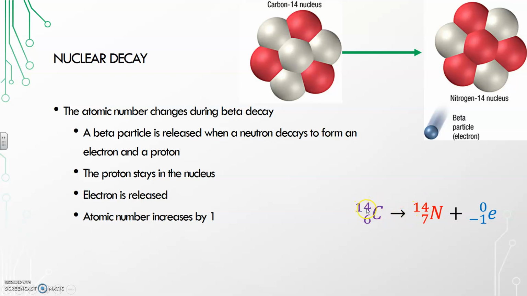So you've got 14 equals 14 plus 0 on this side. If there's an x there, say this was 14 over 6 C yields 0 over -1 e plus x, and x is some atom, you have to figure out the number of protons, the element, and the mass number.